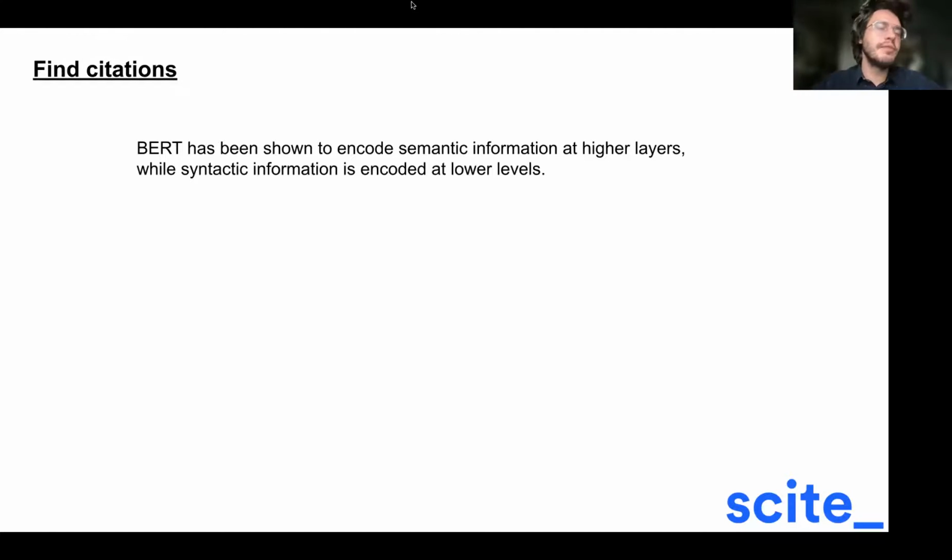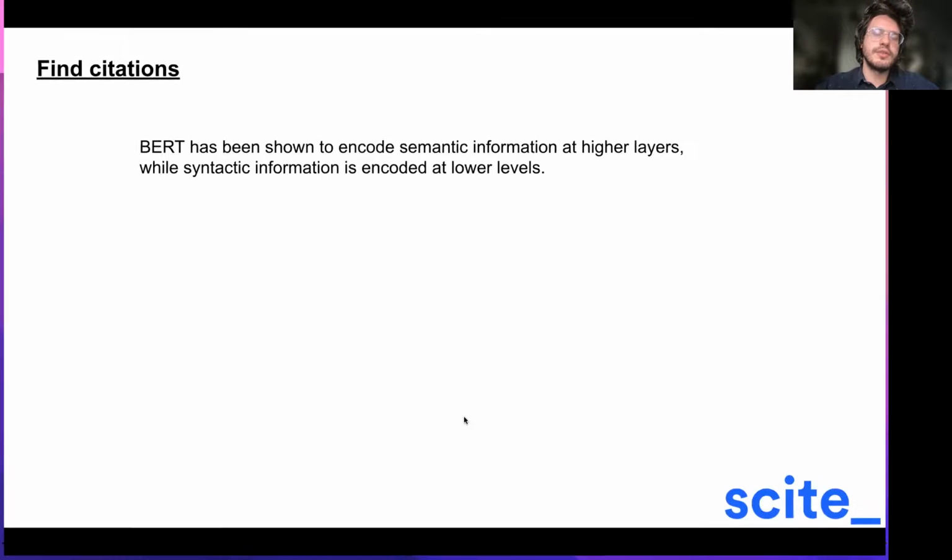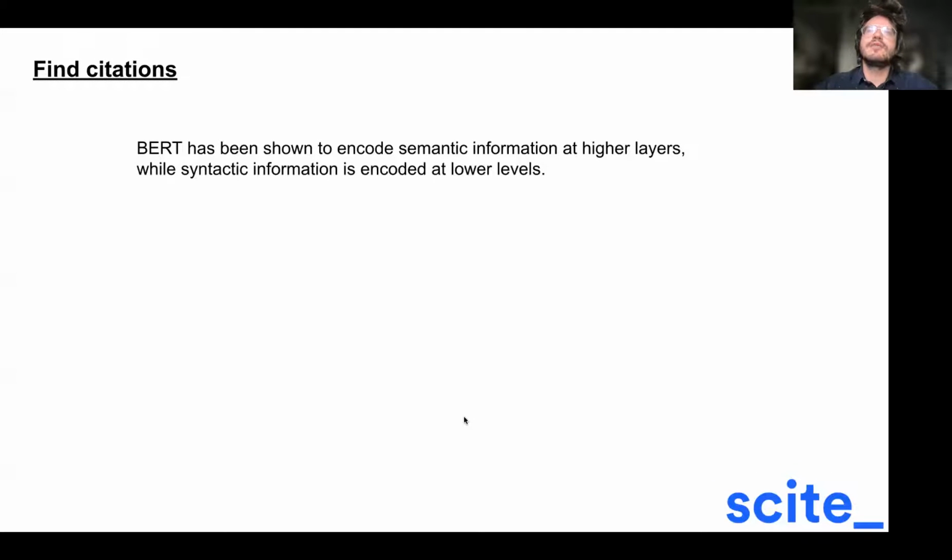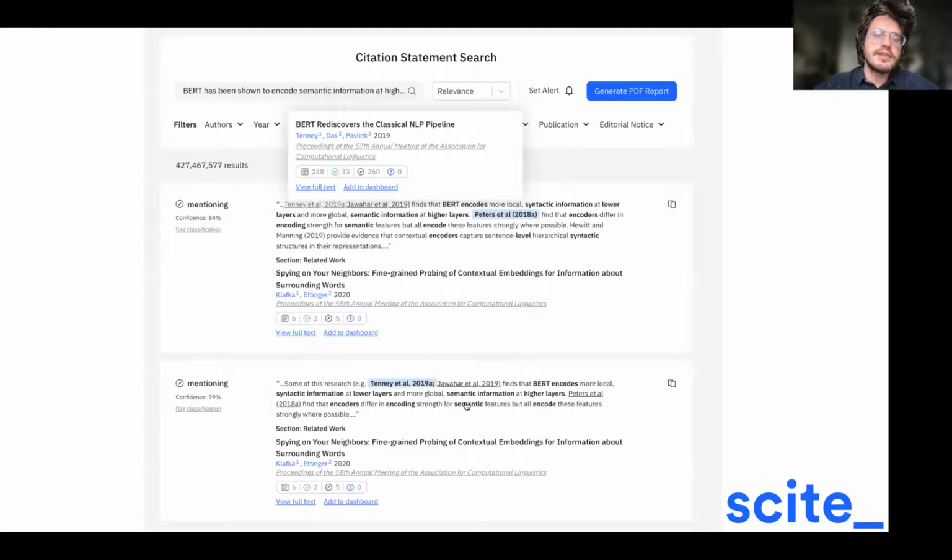You might remember a claim in your field, or you might have found some results that suggest something, but you might forget where that claim was made in the literature, or you might just have an idea and not be sure if other people have addressed it before. So in Scite, the interface for citation statement search has changed a little bit, but you can search a claim, just like a natural language claim.